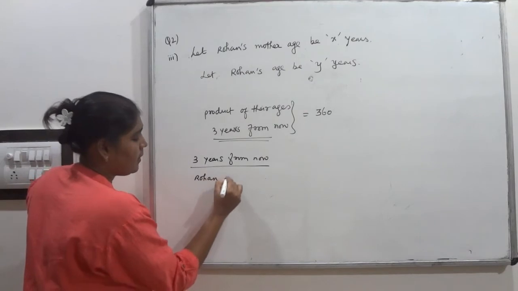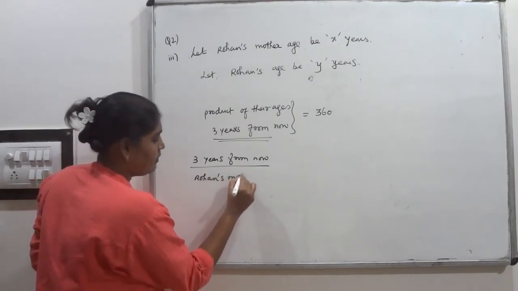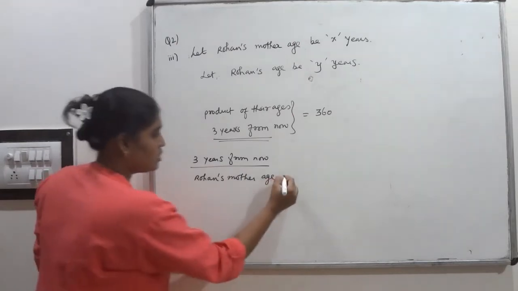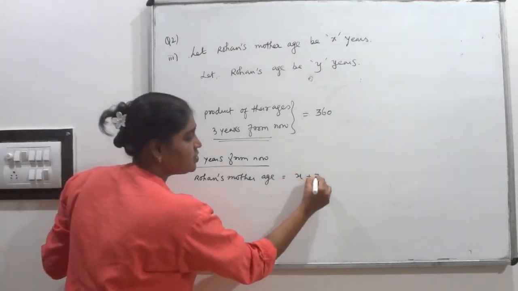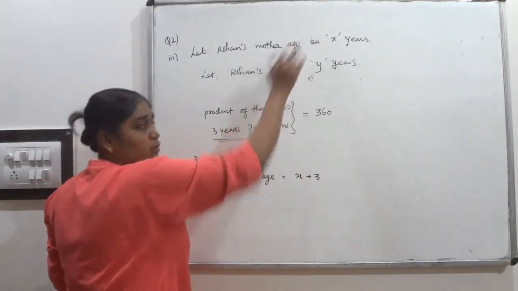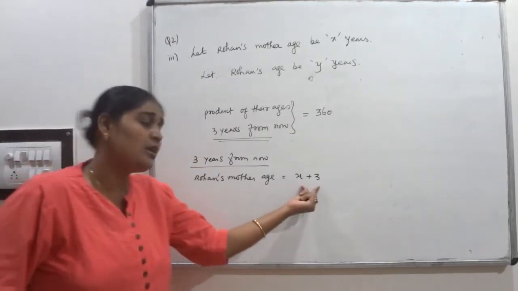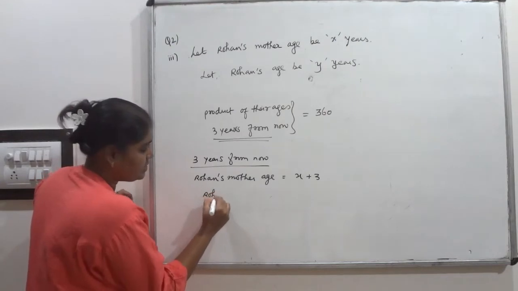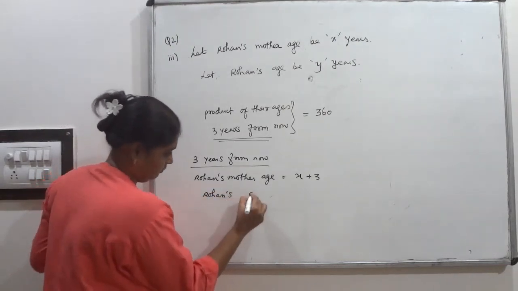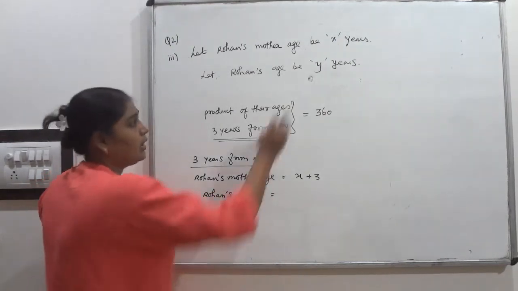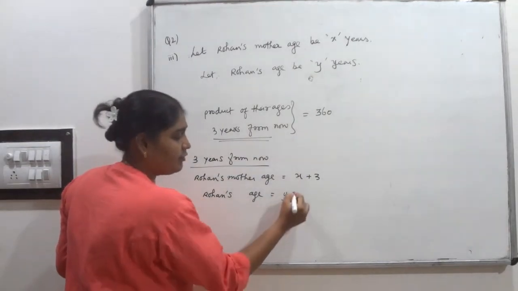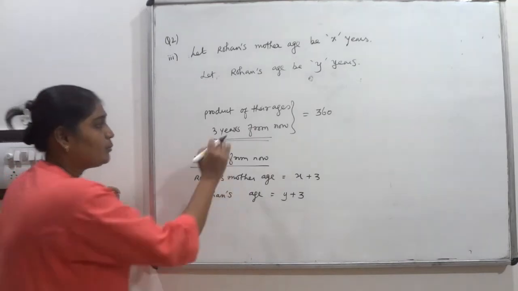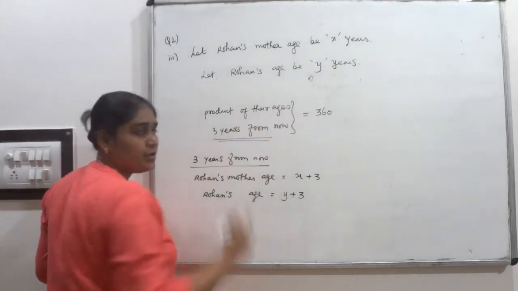X plus 3, because previously it was X. Like Rohan's age, which I have taken as Y, after 3 years it will be Y plus 3.